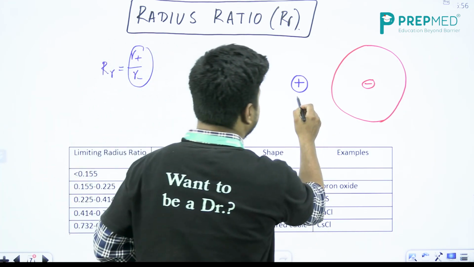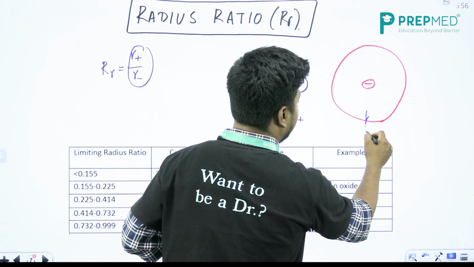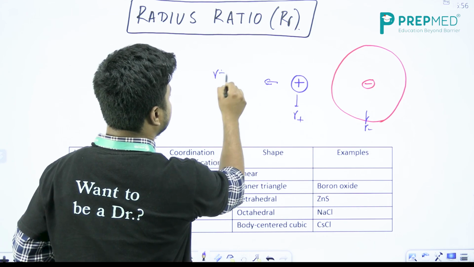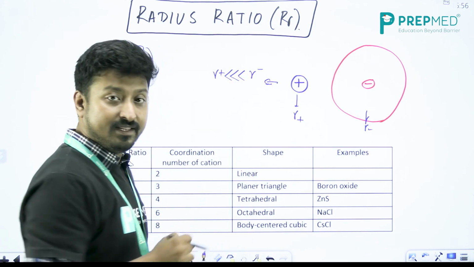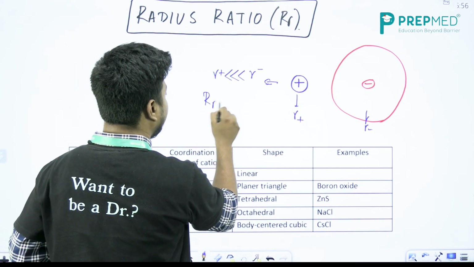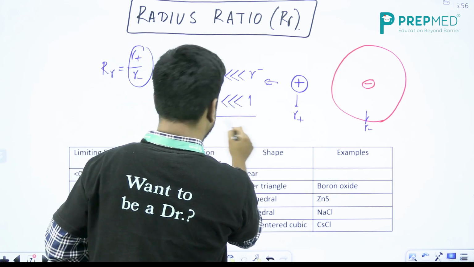So if the radius is r plus and r minus, always remember that the radius of the cation will be lesser than the radius of the anion, which makes the radius ratio always lesser than 1.